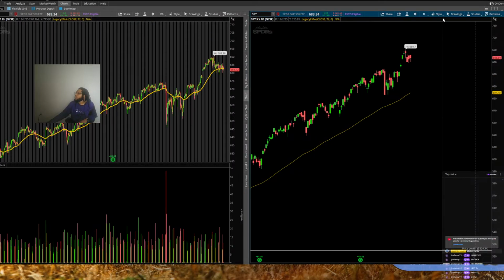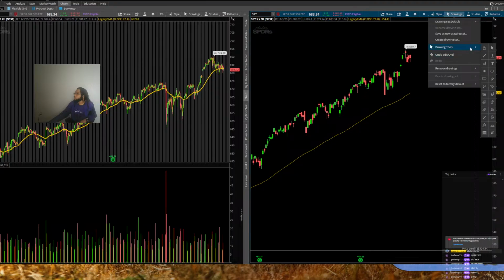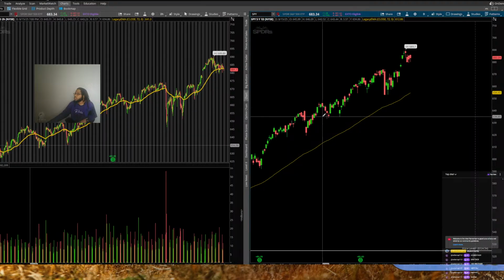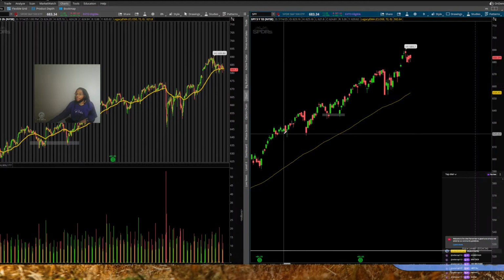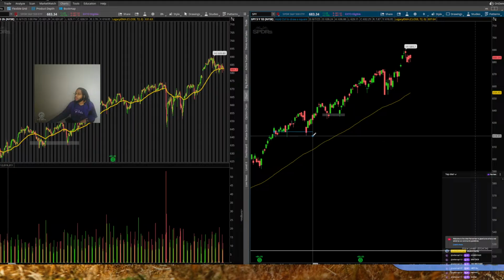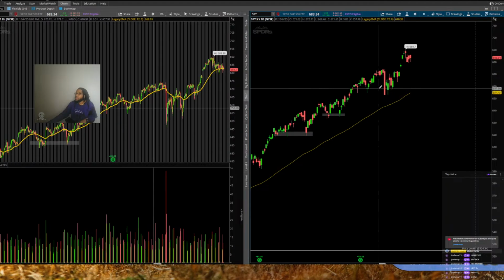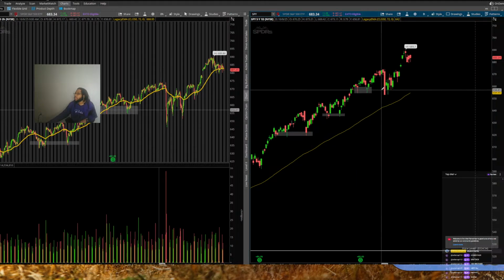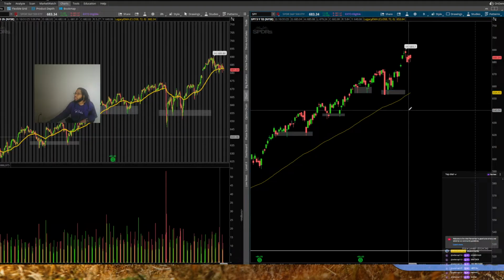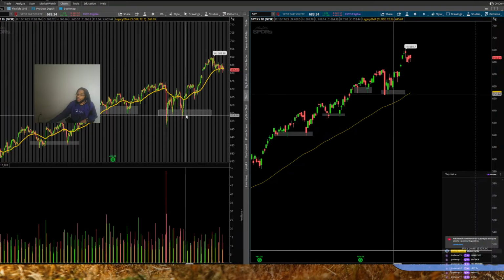For instance, I'm going to draw some lines, and we're going to start seeing some key correlations. I'm going to draw this rectangle right there. We saw something right around here. We see another pullback right around here. And we saw another pullback technically here.